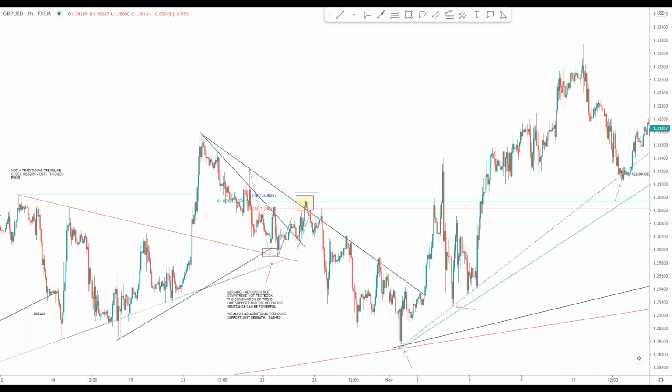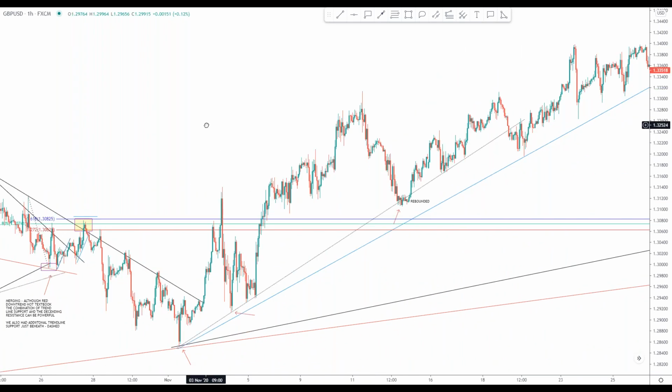When a sloping trend line meets a horizontal support and resistance line, which would you give priority to? Look, Keith, that's a really good question. I actually look for really tight convergence. I'm just trying to find an example for you guys.